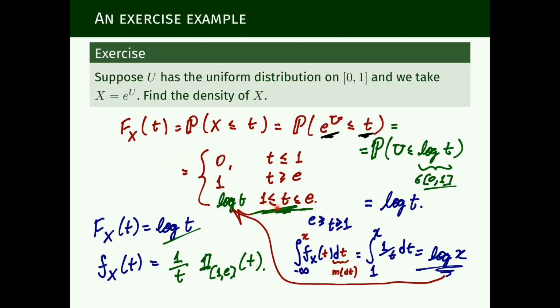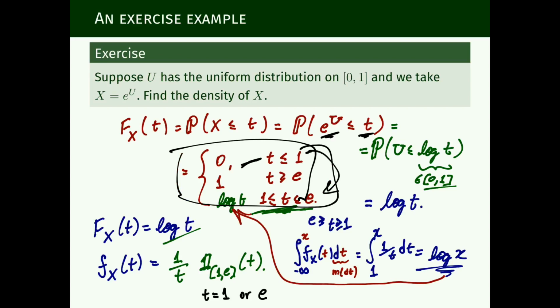And then we take the derivative, and we found the derivative to be 1 over t times this indicator. In fact, it is 0 outside this interval and 1 over t inside this interval. And when t equals 1 or e, there is no derivative. So this function has no derivative when you change from one line to the other.